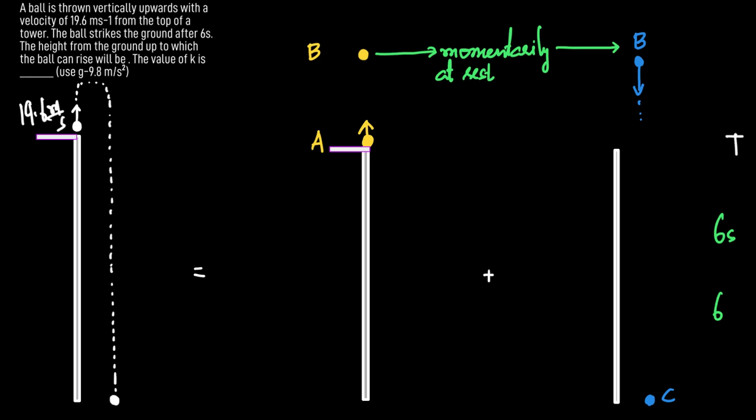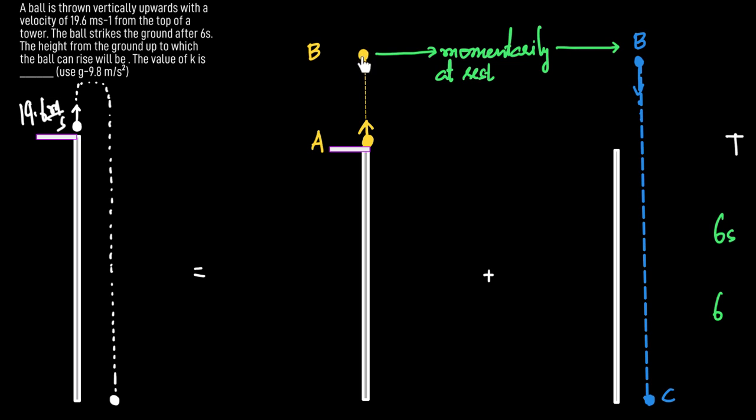To understand this better, let us split this complete motion into two individual motions. One is the motion along A to B, and then the motion along B to C. There is a transition that happens between A to B and B to C. What is that?